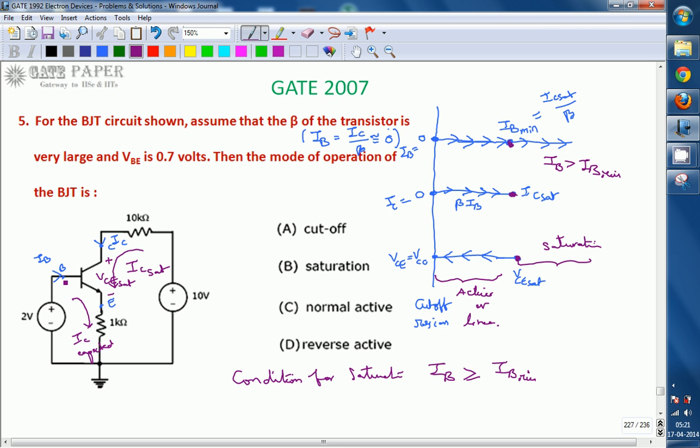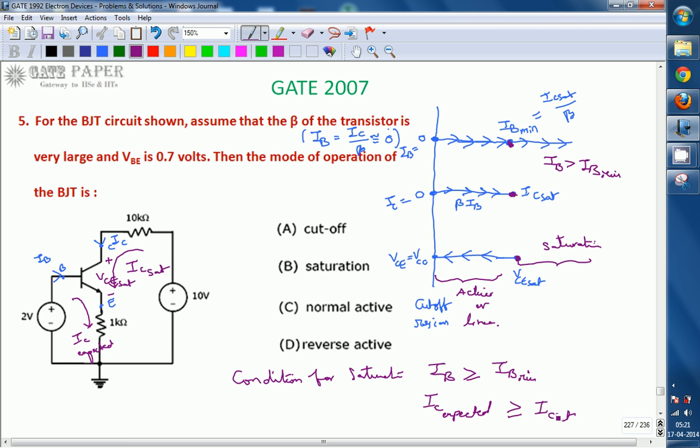So IC expected, you can write in this way without IB. IC expected should be greater than or equal to IC saturation. If we don't know the base current, or if IB is equal to 0, you can use this equation as the condition for saturation.